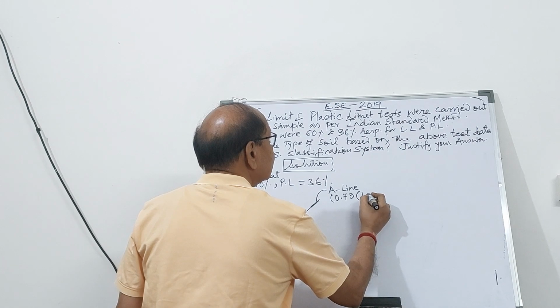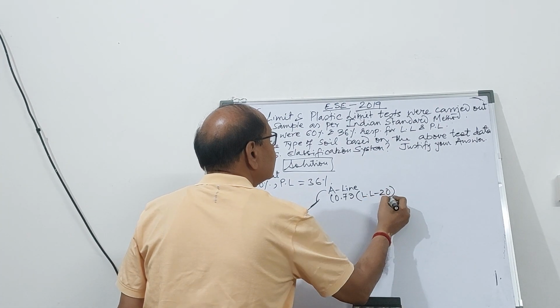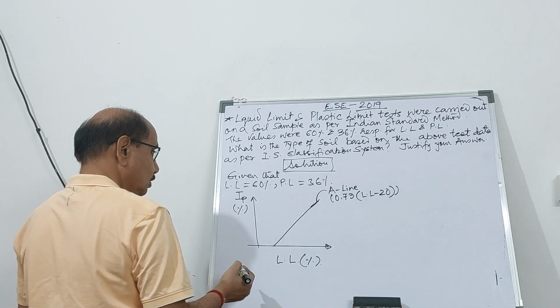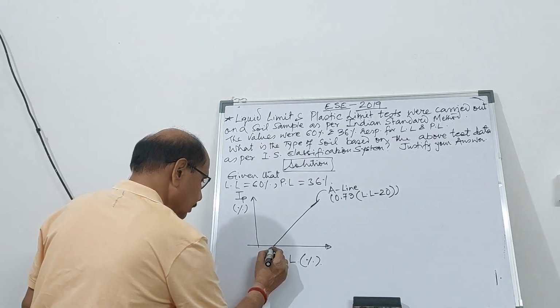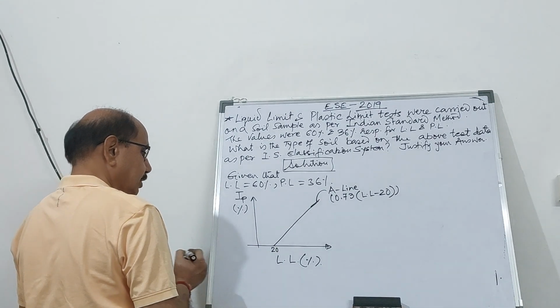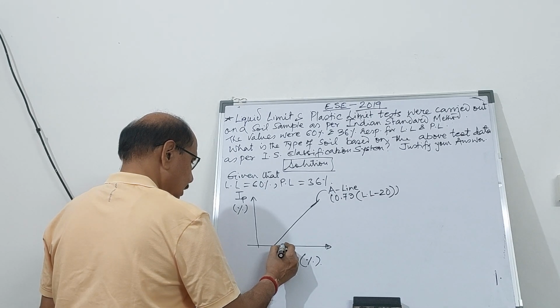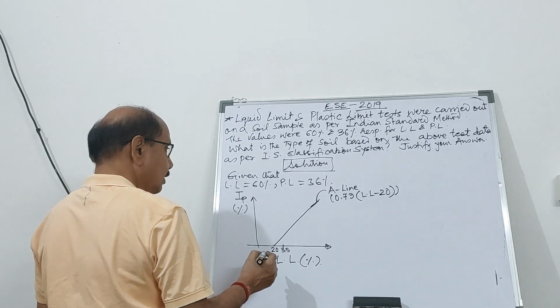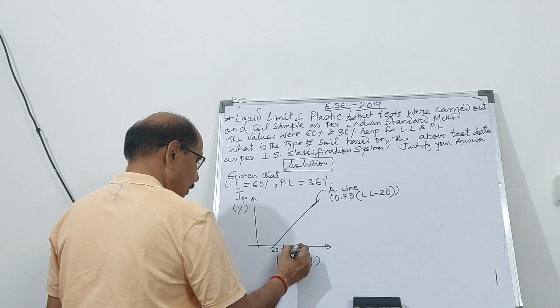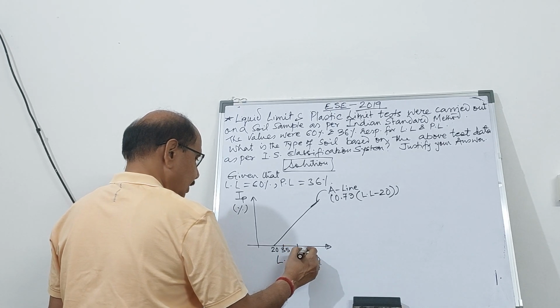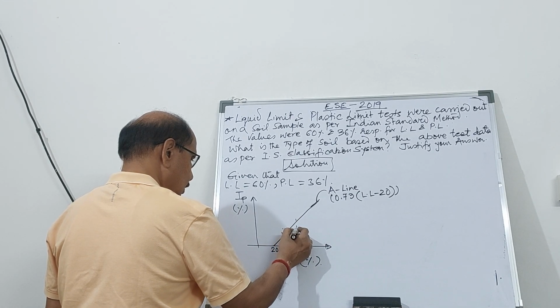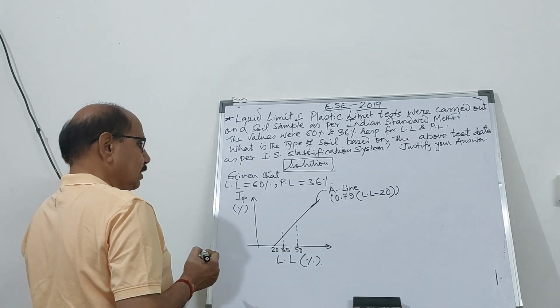0.73 times liquid limit minus 20. This is the equation of the A line. So this is 20, and here 35 liquid limit, then liquid limit is going to be 50. So like this.